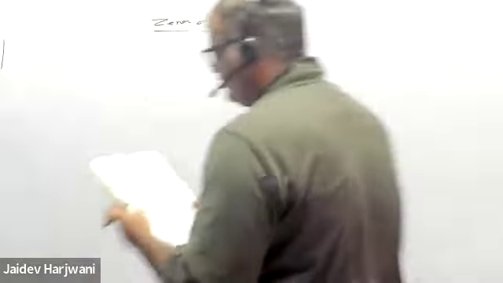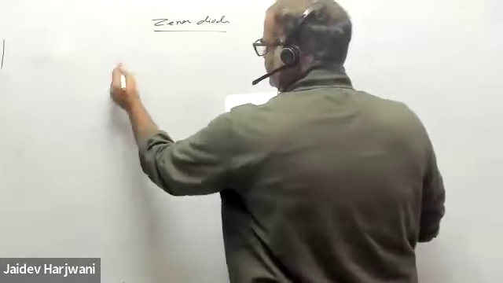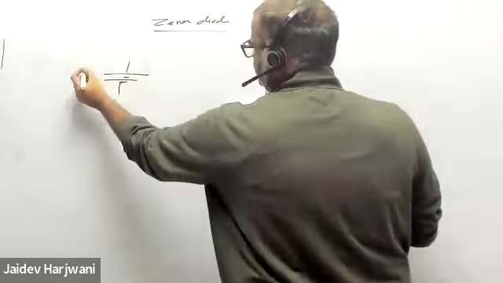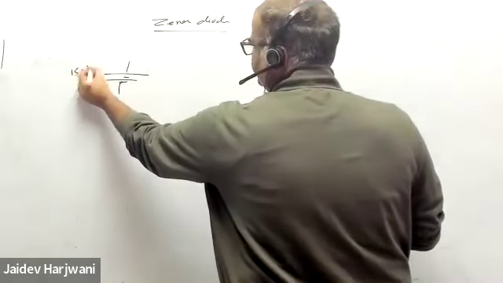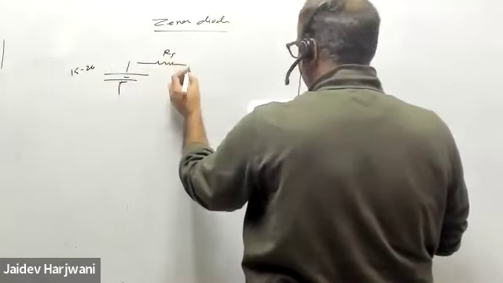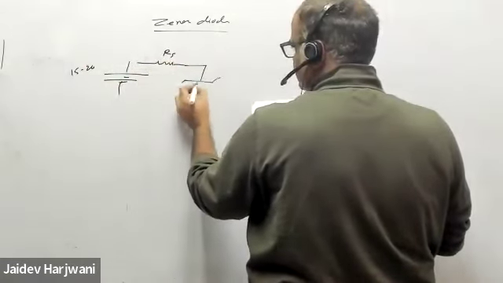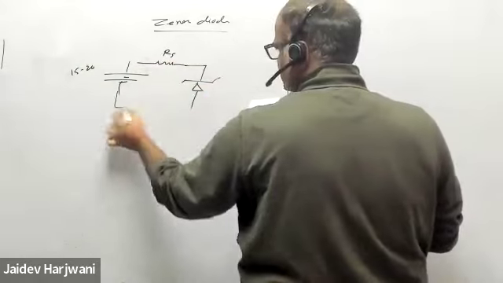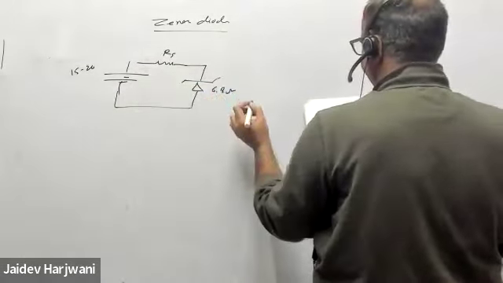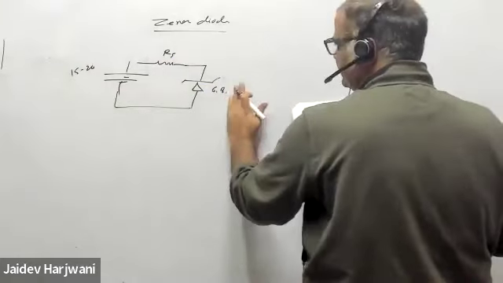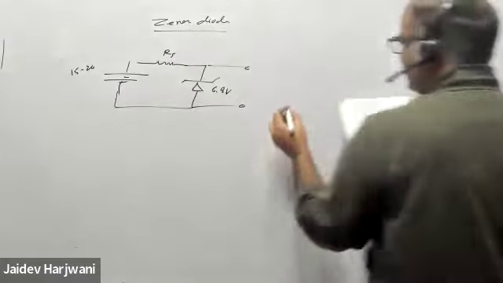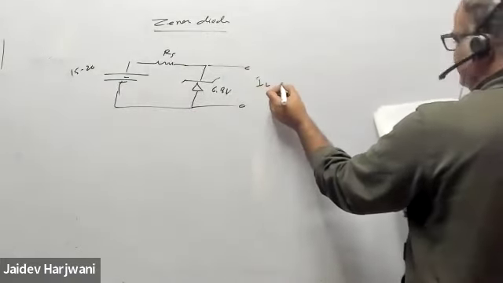So you have been given a question. This varies, minus 20 V, RS, 6.8 volt, and IL is also given.